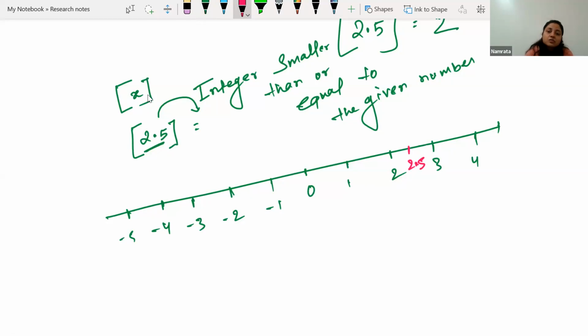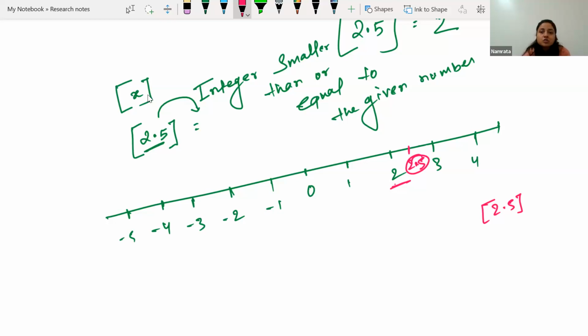It will give the integer value which is smaller than 2.5 and is nearest to 2.5. So smaller than 2.5 is 2, and that is nearest. 2.5 is lying between 2 and 3, so either our answer will be 2 or 3. But again I am repeating, it will always give the answer smaller than or equal to.